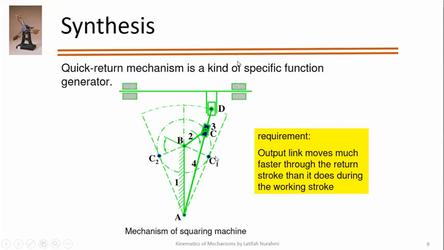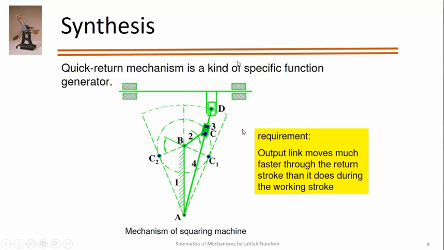After C2, it will reverse the direction, until C1, it will go and come back. Okay, so it's like that. So the output link moves much faster through the return stroke than it does during the working stroke. So while moving forward, it will be slow, and during the return stroke, it will be fast.